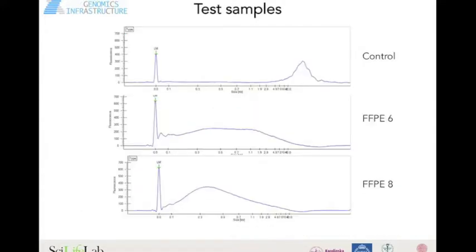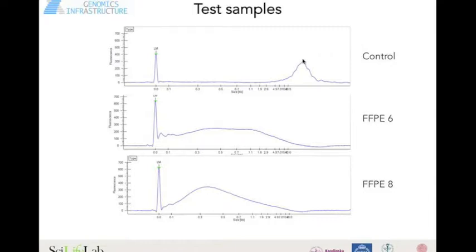In our test sample set, we ran an automated gel electrophoresis. So rather than looking at the agarose gels we looked at earlier, this is the same type of measurement. You have the length on the x-axis and the intensity on the y-axis. For good samples, this is a control, which is not FFPE.